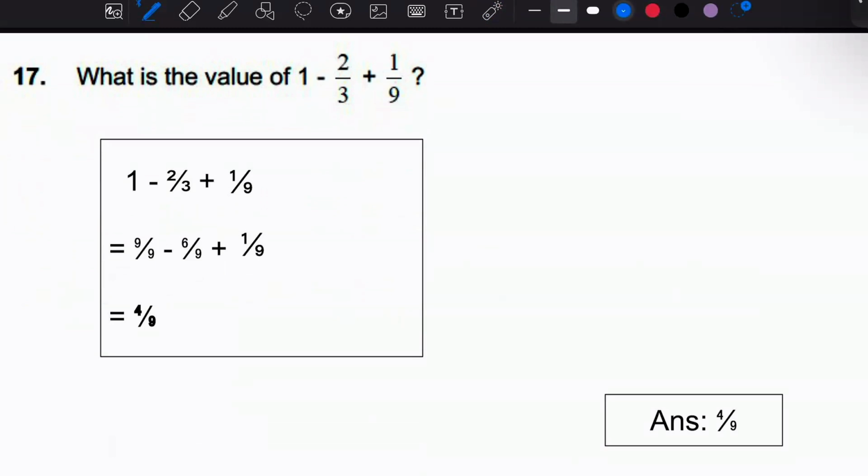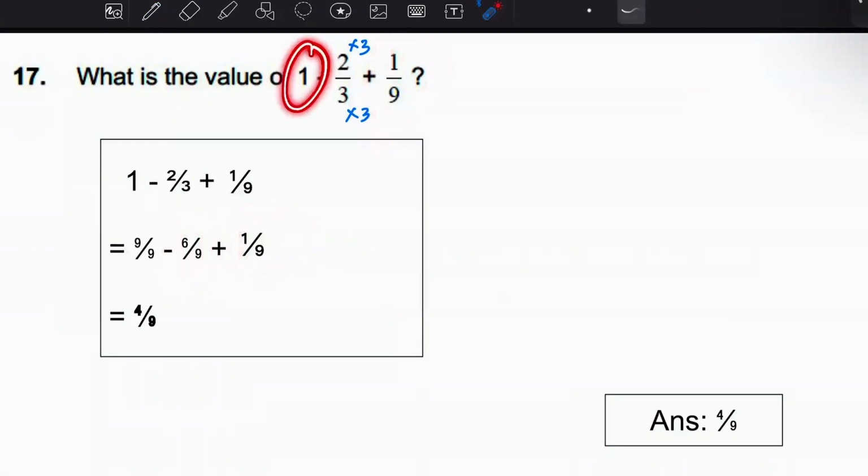When you multiply 3 by 3, you get 9. And don't forget, when you multiply the denominator, you should multiply the numerator as well. So 2 over 3 becomes 6 over 9, and 1 over 9 remains the same.